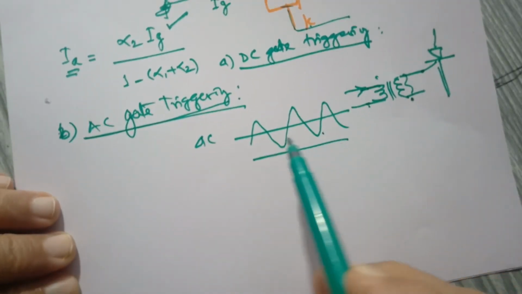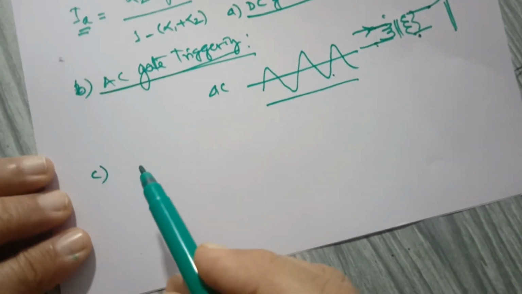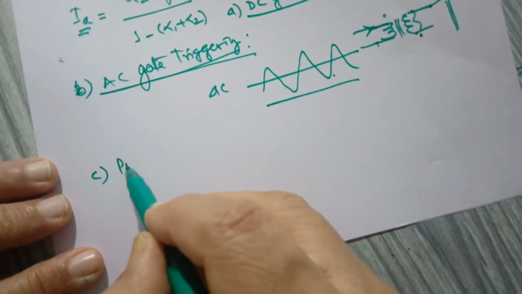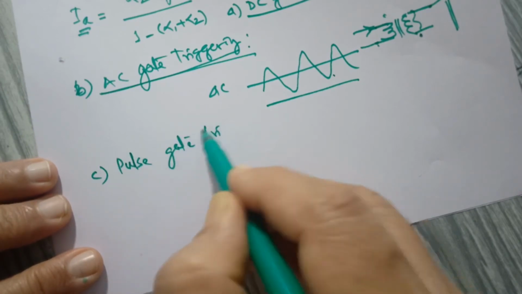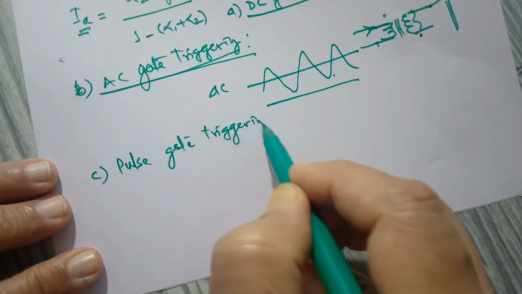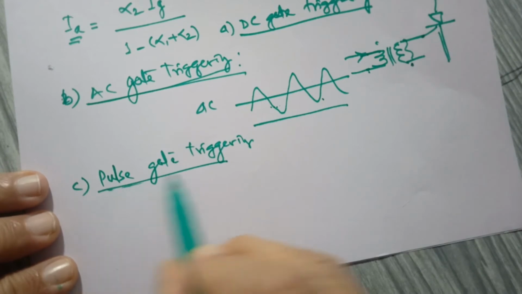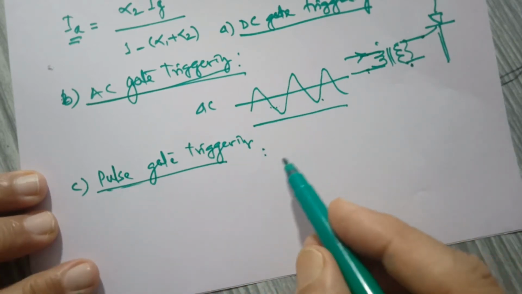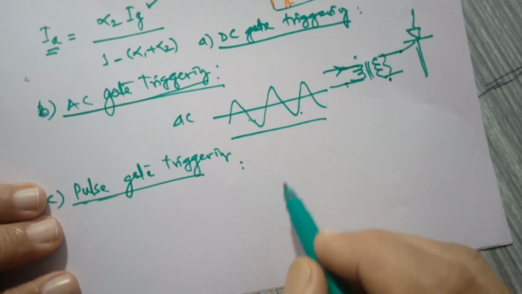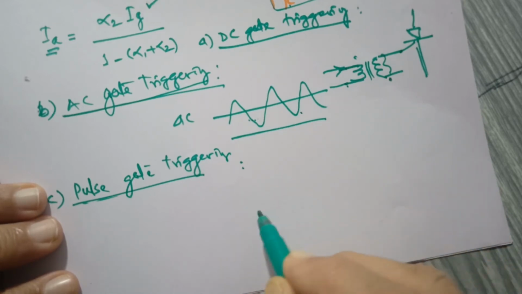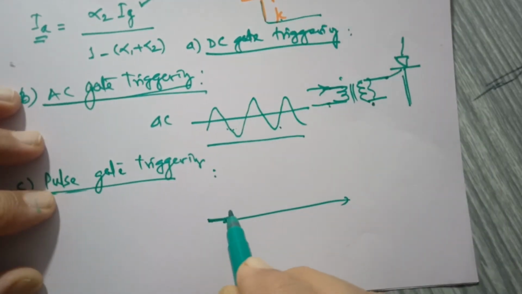Here also you can improve this, in the last one, that is pulse gate triggering. In this case, some power loss occurs, but in pulse gate triggering we use a pulse generator like a UJT sawtooth generator, where we get pulses like this. If this is the time axis, then voltage increases sharply like this.